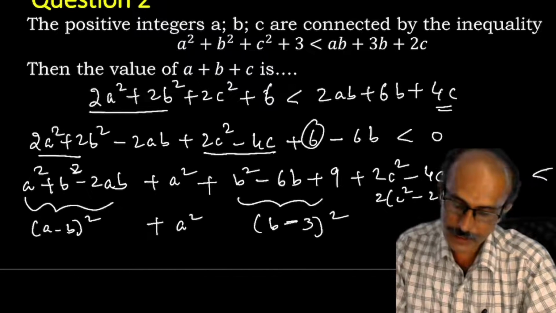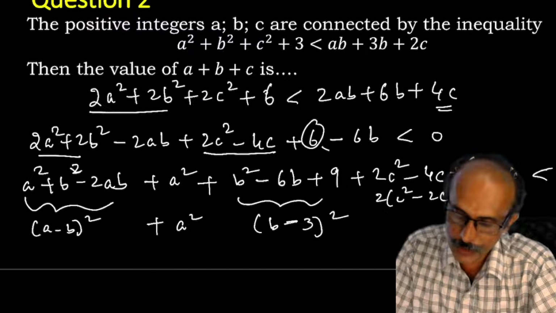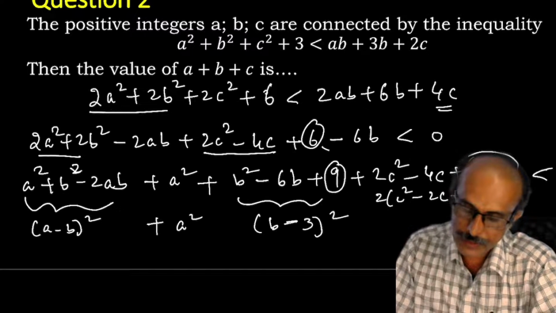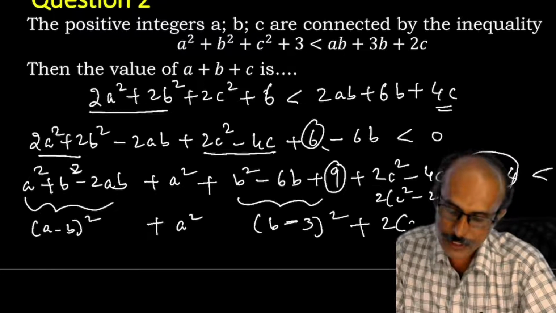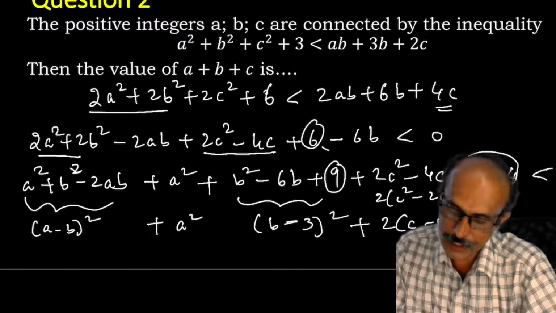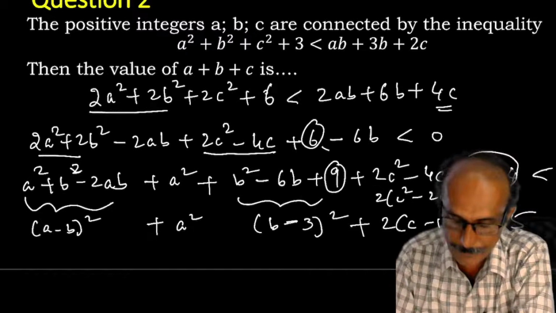Already there is 6 here, so we take that 2 here. The remaining 4 we write as it is. Good. So this 6 is broken into 2 and 4, and this 9 is an addition thing actually. So all the rest are okay. Now this becomes 2 into c minus 1 whole square, plus 4, bring it to the right hand side, it becomes 9 minus 4, 5. See the way it is actually looked, okay.